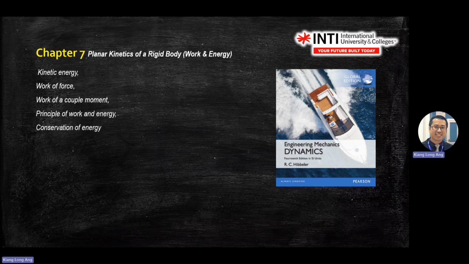Work is force multiplied by distance traveled. F and S must be parallel to get a positive value. This is what we learned previously. When you have conservation of energy, it means the change in energy equals 0, meaning before equals after.